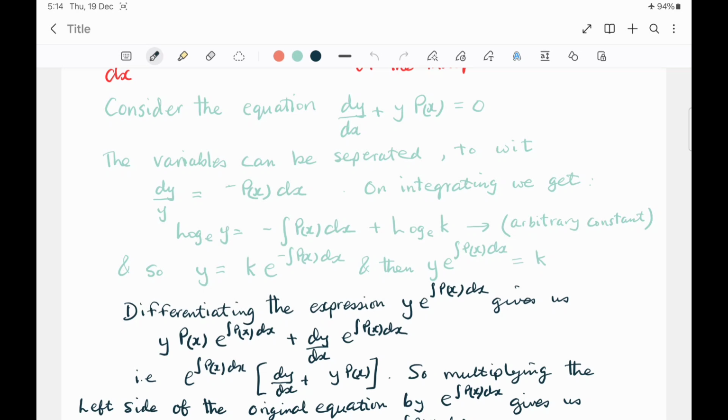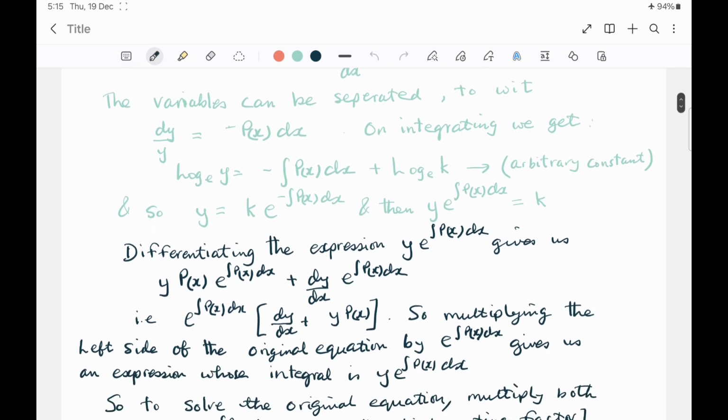Now, if we take that expression, y e to the integral p of x dx, and differentiate it with respect to x, it will give us y times p of x e to the integral p of x dx plus dy/dx e to the integral p of x dx, and taking the exponential factor out, we get e to the integral p of x dx, and in brackets dy/dx plus y times p of x.